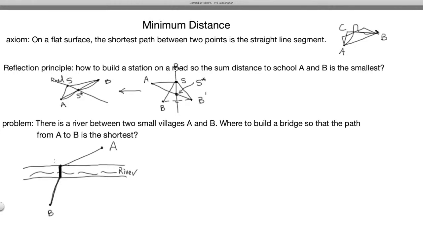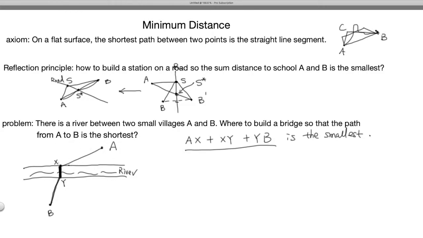Let's call the bridge endpoints x and y, so that AX plus XY, the bridge, plus YB is the smallest. This is, of course, the path distance from A to B.